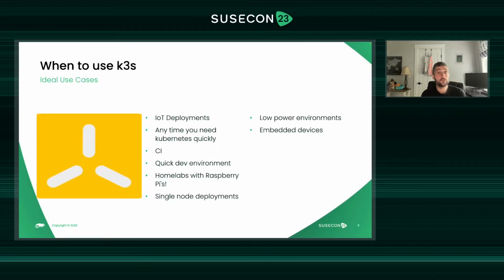All right, so when should you use K3s? I know I've been saying this a lot, but K3s is perfect in the IoT space. It's perfect in CI systems. We see a lot of people running Raspberry Pis with K3s. It does have ARM support, ARM64. So if you need to spin up a cluster and you want to test something out, K3s is perfect.